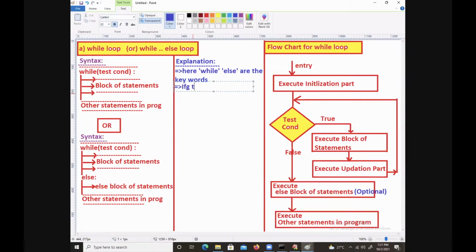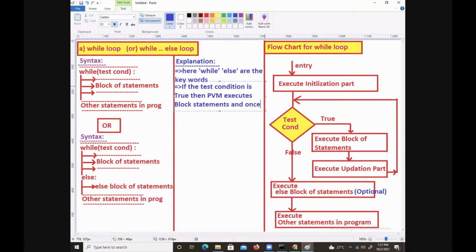If the test condition is true, then PVM executes the block of statements.